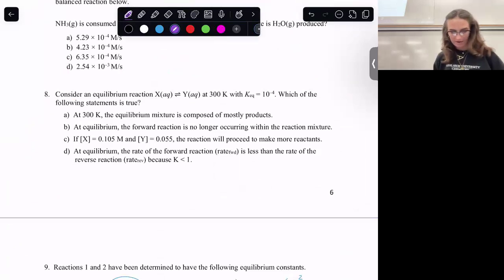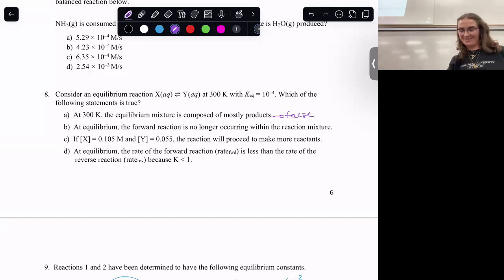Okay, so for question 8, we have: consider an equilibrium reaction X and Y at 300 K with K_eq equal to 10 to the negative 4. Which of the following statements is true? At 300 Kelvin, the equilibrium mixture is composed of mostly products. Is that true or false? That's false. Why?